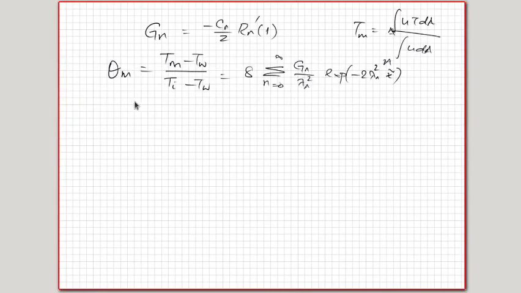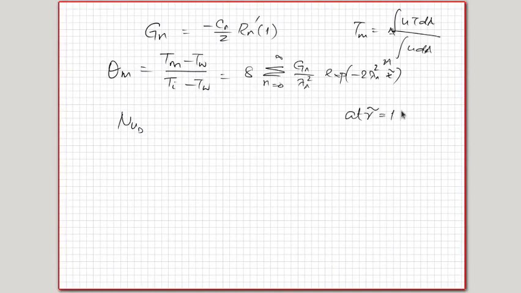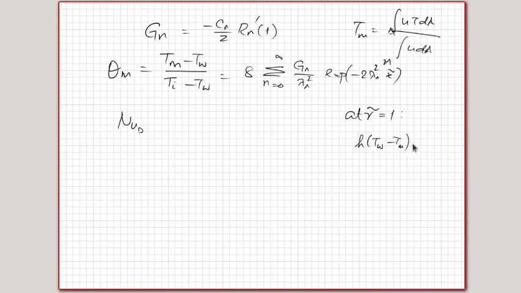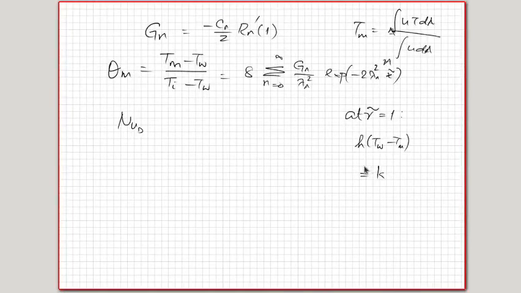So that is your theta mean, and you should be able to write Nu_D, which actually is defined from the derivative of this one. So you write that at r tilde equal to 1. You write h into T wall minus T mean is equal to minus k times del T by del r, at r is equal to 1, r is equal to r naught.